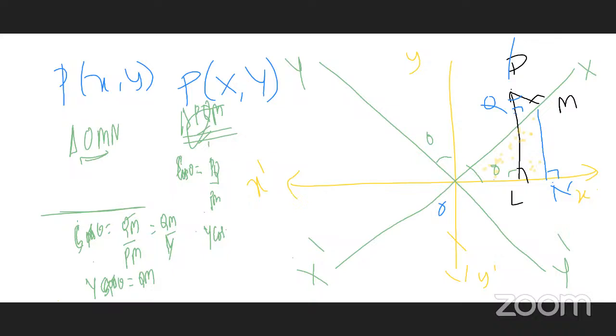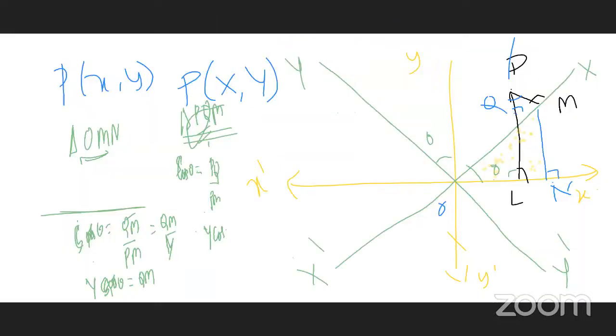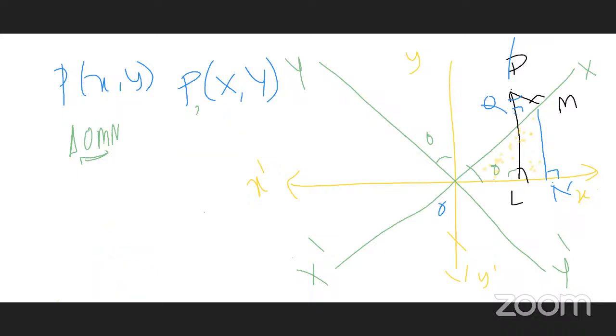First triangle OMN. What is the thing? Triangle OMN. X sin theta is equal to MN. We will do it from the beginning. Wait, just a minute.